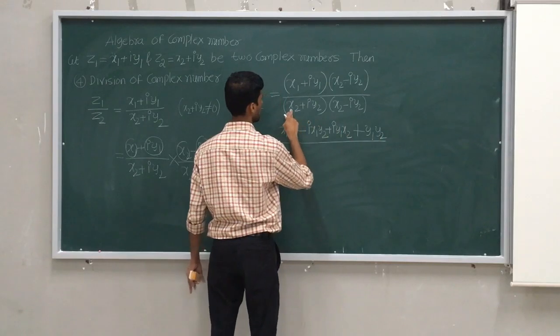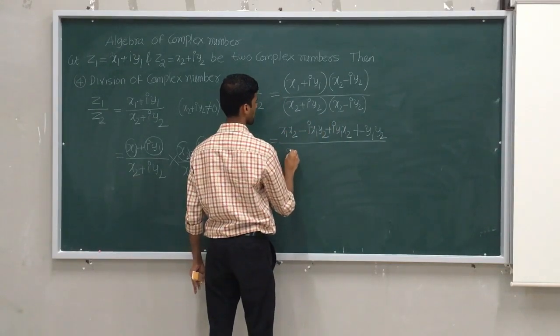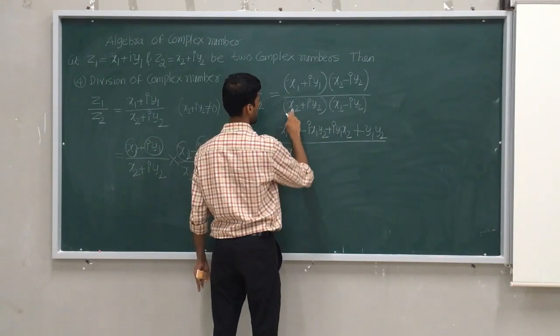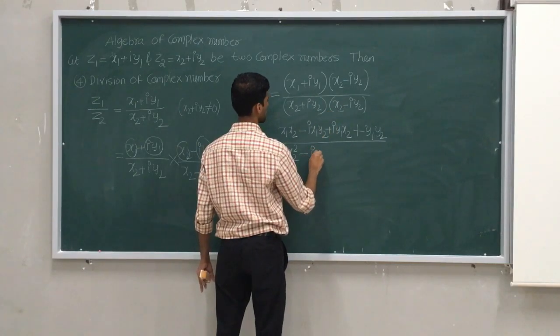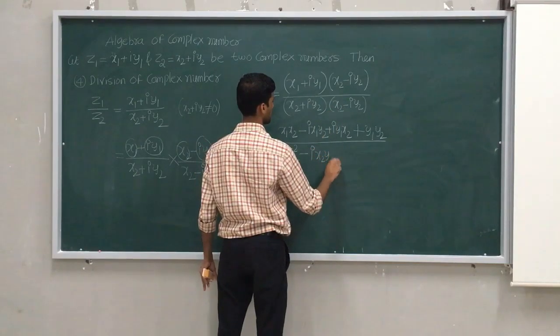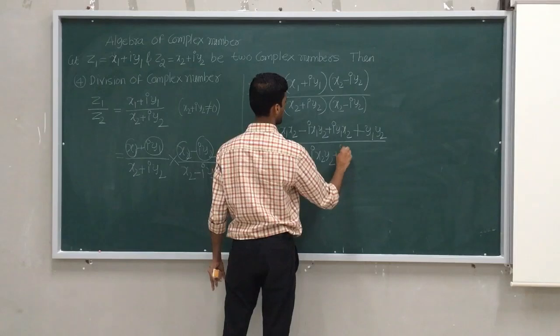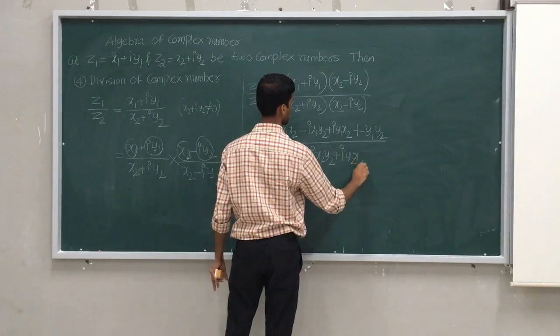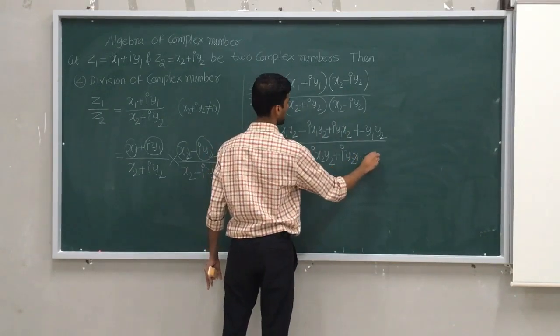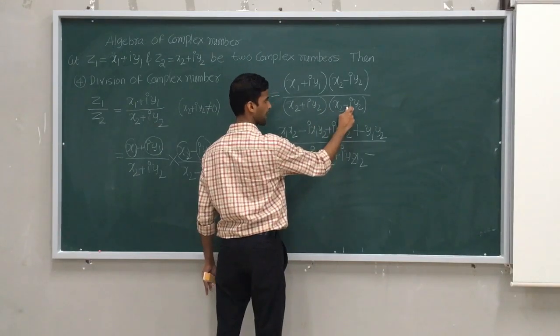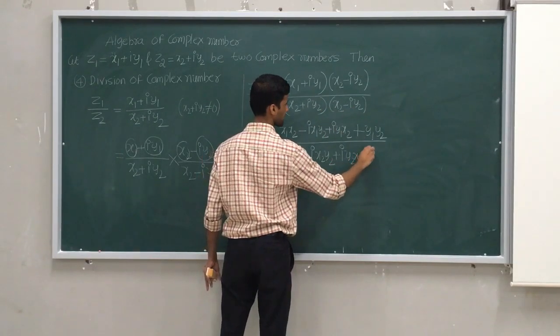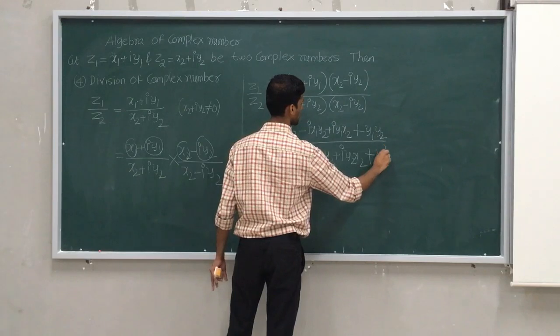Denominator: x2 into x2 is x2 square, then minus x2 y2 plus i times y2 x2, plus into minus i into i square is minus 1, minus and minus become plus, it is y2 square.